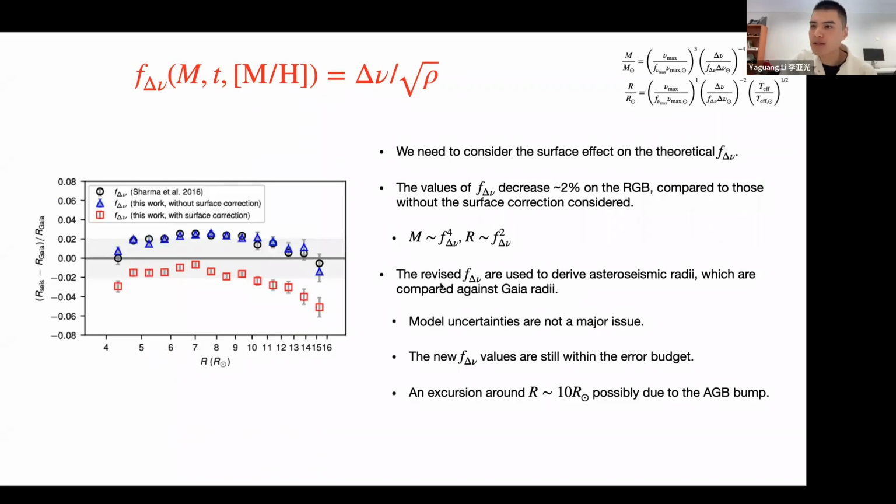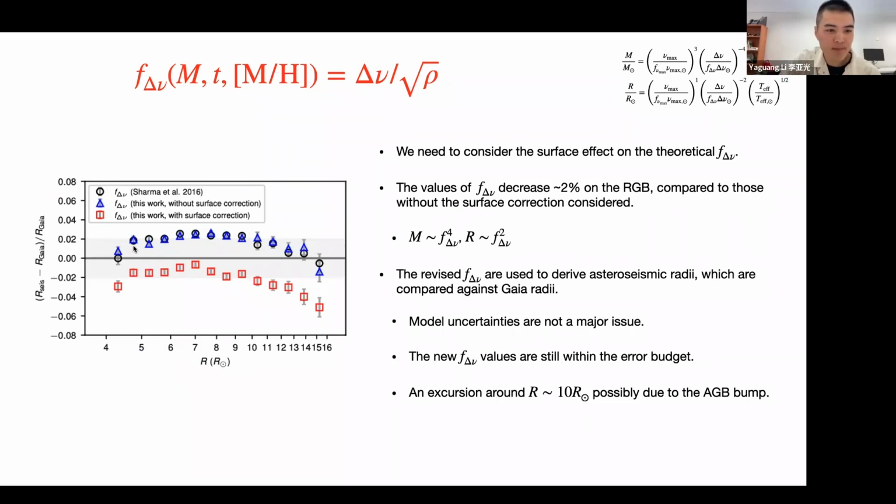So we can use these newly calculated F delta nu correction factors to derive the asteroseismic radii using the scaling relations, and we can compare them against the Gaia radii. Here on the left-hand side, I show the fractional differences of the two radii.